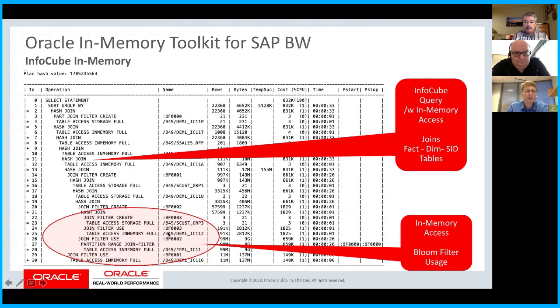And here you see an example that some of the master tables are not in memory. If you have a small table, let's say 1,000 rows or less than 100,000 rows, then it's typically not worthwhile to put them in memory because it's very fast. Either they're in the buffer cache or it's a very fast read.